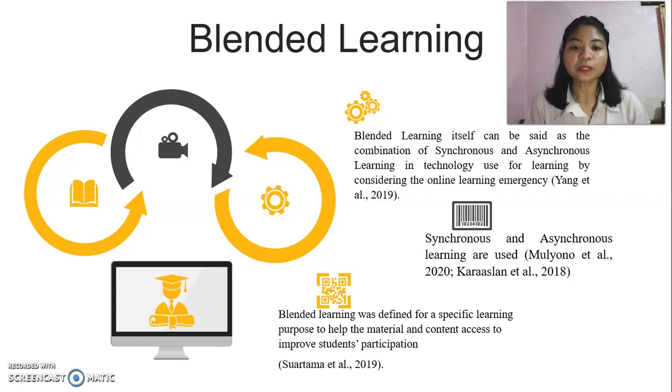So here it's really important to have students' participation and engagement. So that's why it's not only discussing things without knowing how ready they are when they have a live meeting. So blended provides both of them.